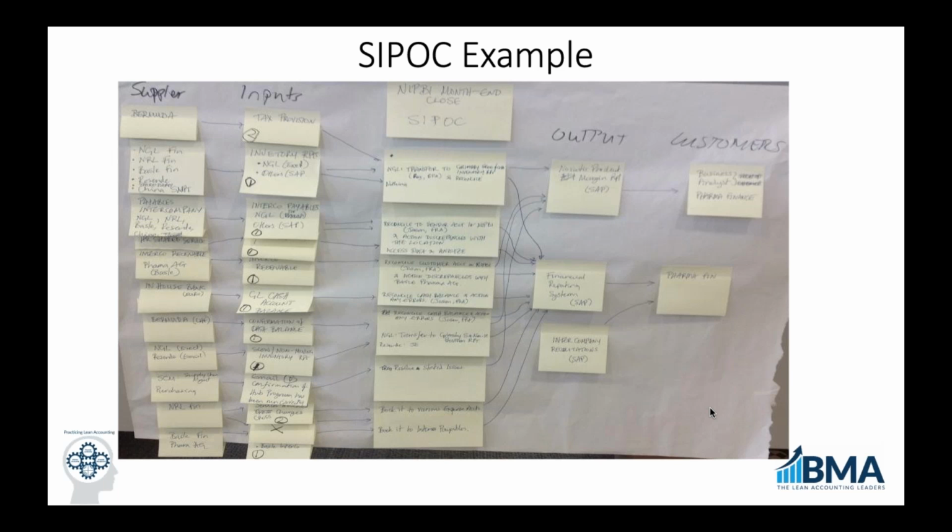So you don't work from left to right, you work from the middle to the right, then you complete the left. And doing this in a team-based environment, like all the finance and accounting staff in a process, makes the process visible, it makes customer requirements visible, and it also creates a lot of consensus, because everyone is agreeing that this is what we do today.